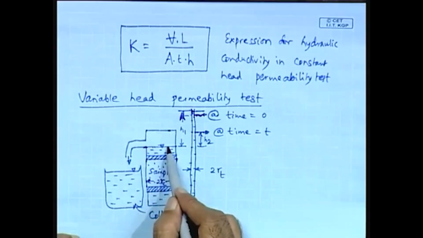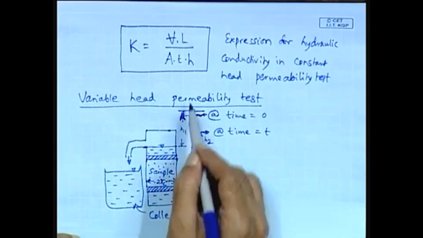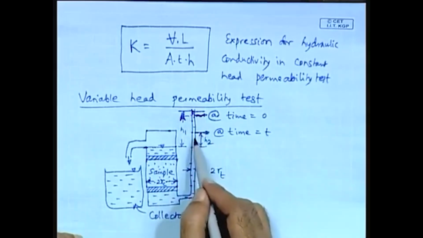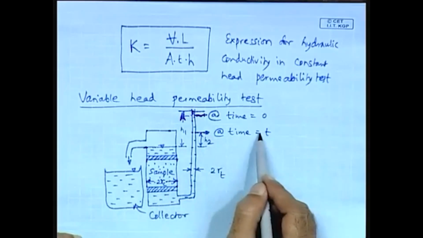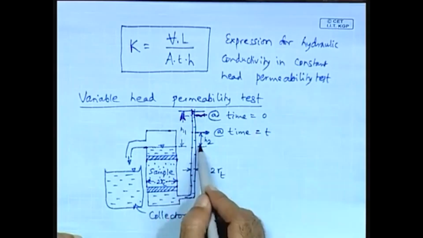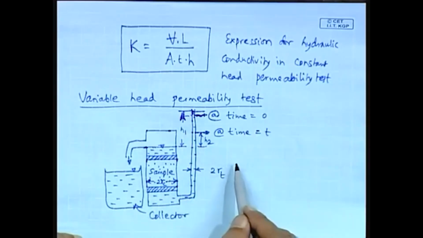So, this is the datum with which the heads are measured. So that is H1, and then as the water flows through the sample, this head decreases from H1 to H2 at an arbitrary time t.